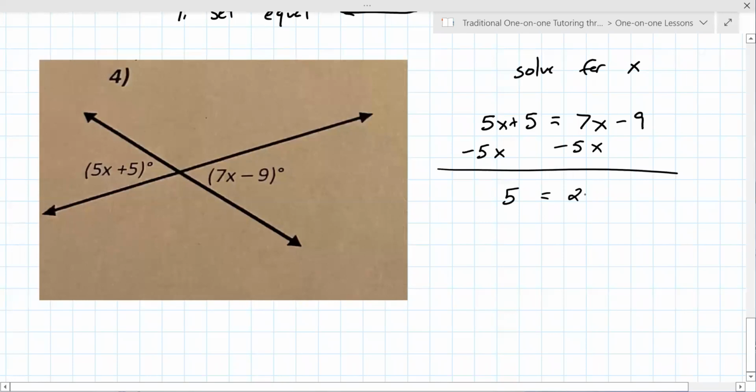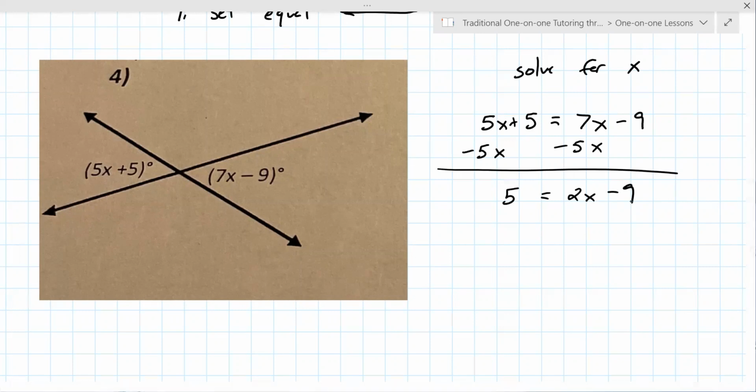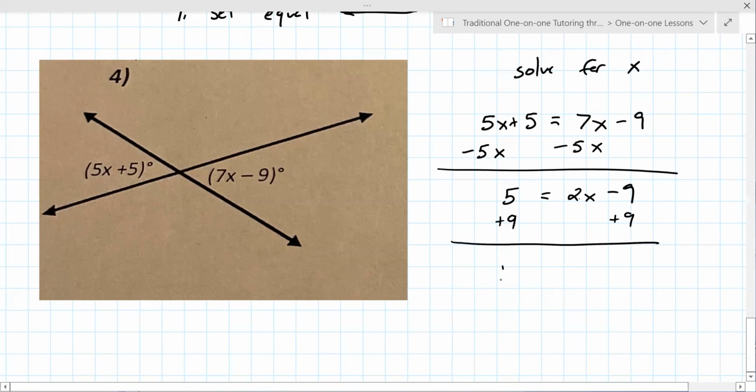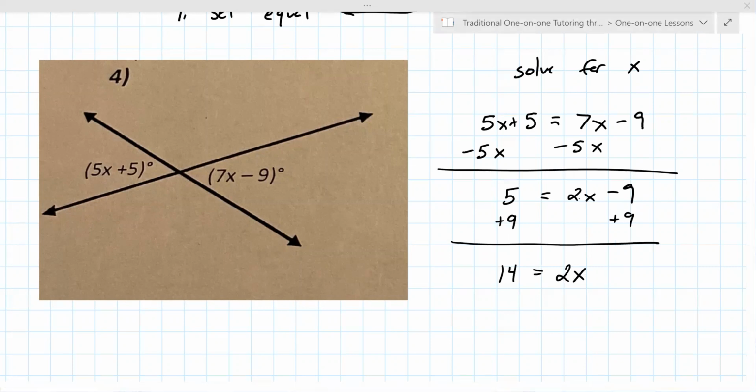5 equals 2x minus 9. Now we need to add 9 to both sides because you undo subtraction before multiplication. So you're going to add 9 to both sides. And then what is the last step here? How do we get x by itself?